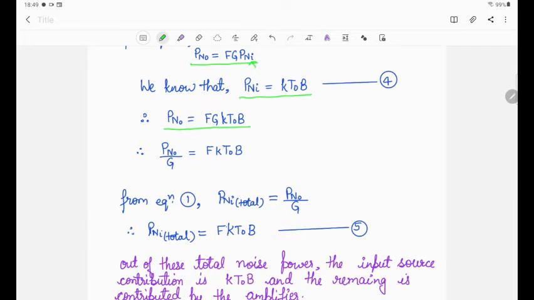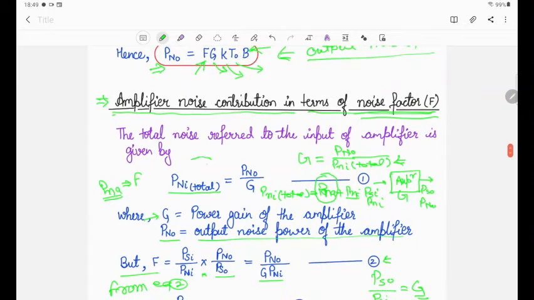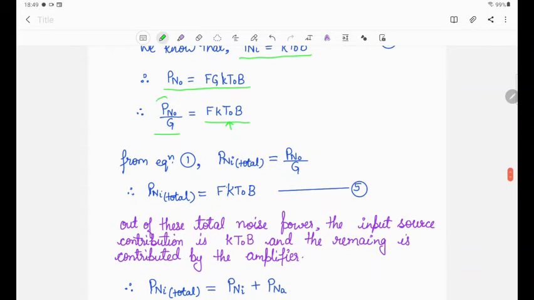Now we can divide by the gain of the amplifier, so PNO divided by G is equal to F K T naught B. T naught is the room temperature at which the noise factor is calculated. From equation number 1, PNI total is equal to PNO by G, so PNO by G can be replaced by PNI total.